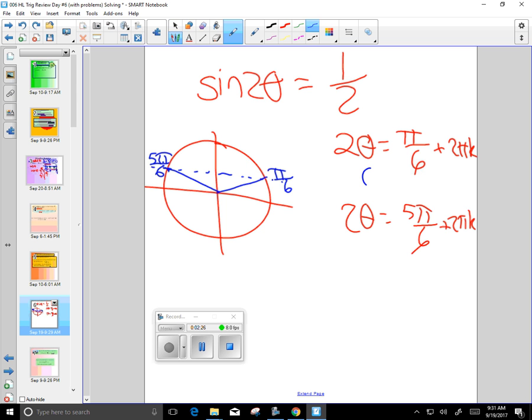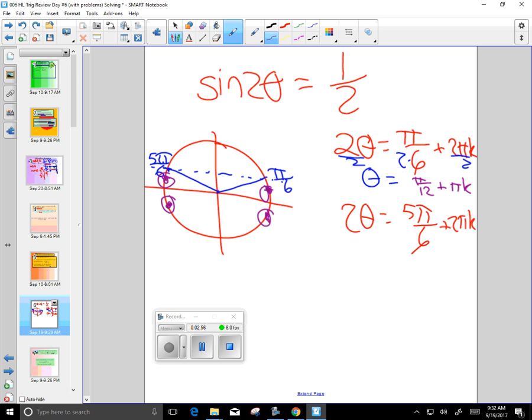So if we want to know what theta is, you're going to divide both sides by 2. And both sides by 2 will get you pi over 12 plus pi k. Or in other words, this one and this one, this one, and this one. Those are the 4 values that you're going to get.